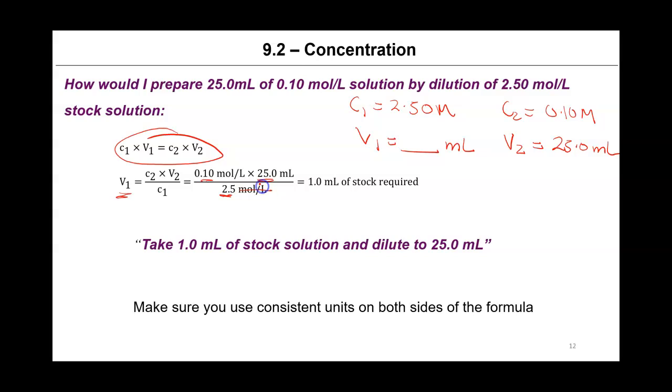And you can see that moles per liter cancel out, and it leaves me with milliliters. And when I put this in the calculator, it tells me that I need to take 1 mL of the stock solution, and then I would have to add enough solvent to get this up to 25 milliliters.